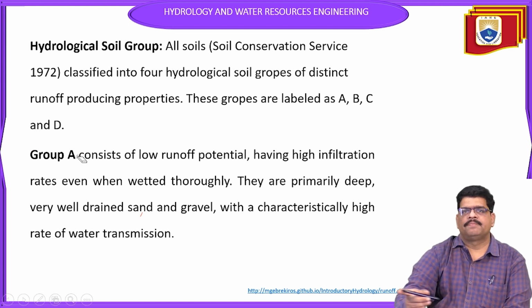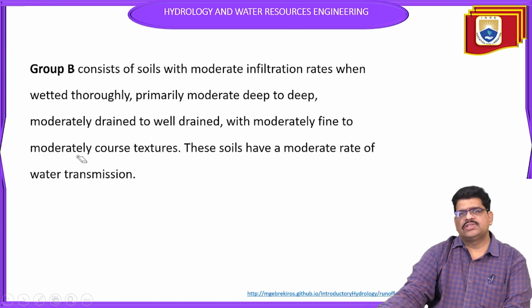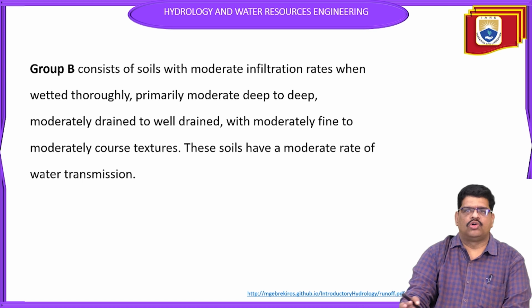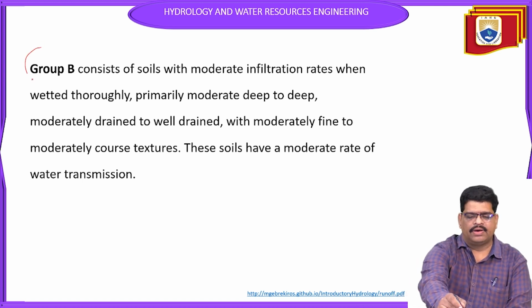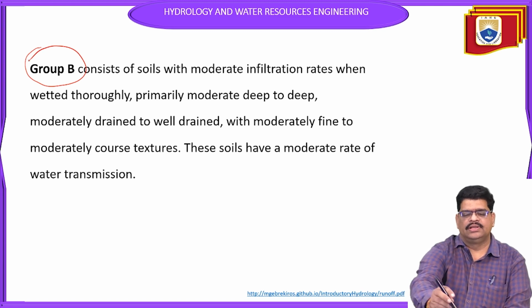Next one is group B. Group B consists of soils with moderate infiltration rates when wetted thoroughly. These moderate soils can drain well, and moderately coarse textures of soils apply to group B conditions.